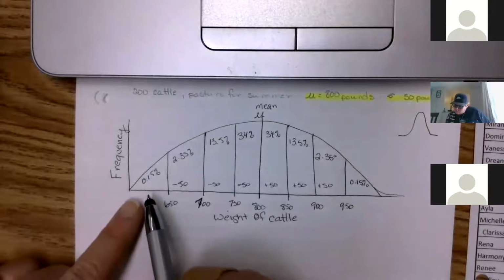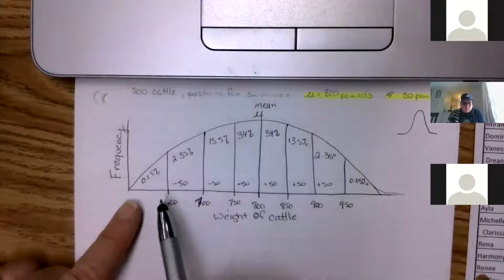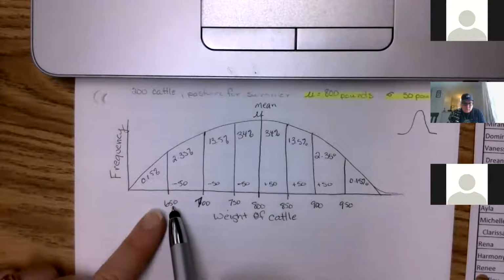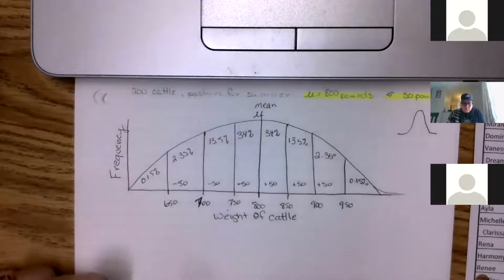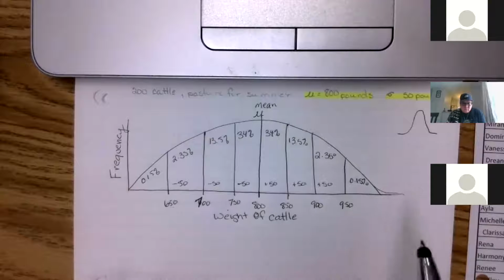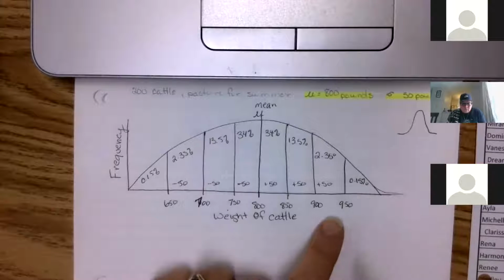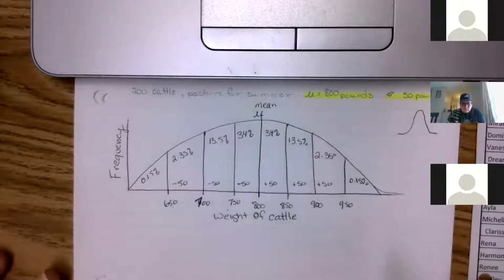So in general, if I have the cattle back in this area that are 650 to 700 pounds, they're kind of on the scrawny side. I'm not gonna make a lot of money off of them. I don't really want a whole lot of those. On the other hand, if I'm getting cattle up here that are over 950 pounds, those are big and I'm gonna make some serious cash on them. So let's see if we can figure out some questions.